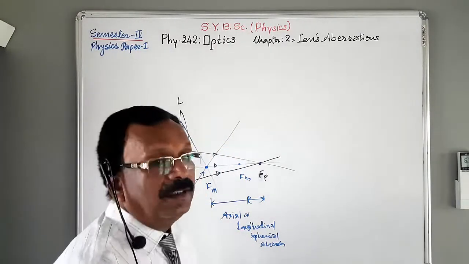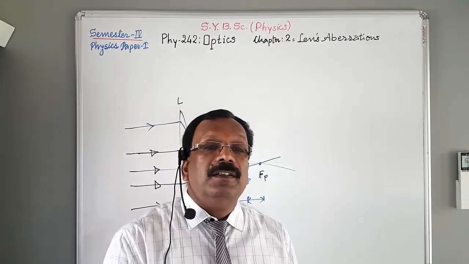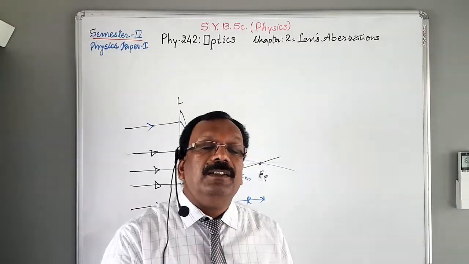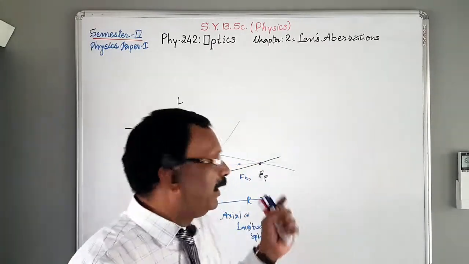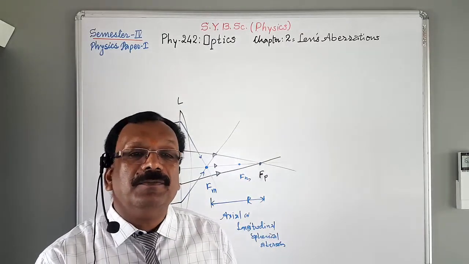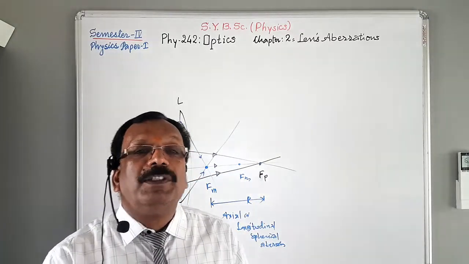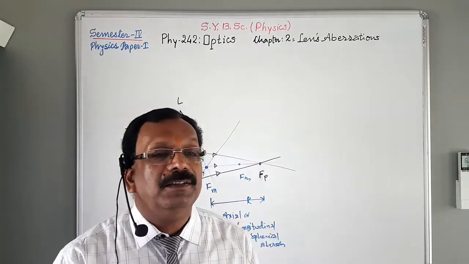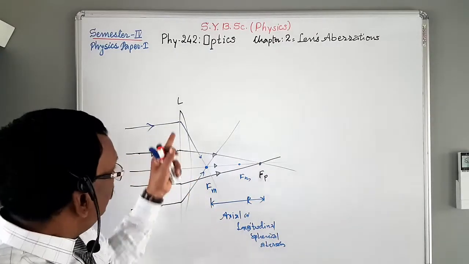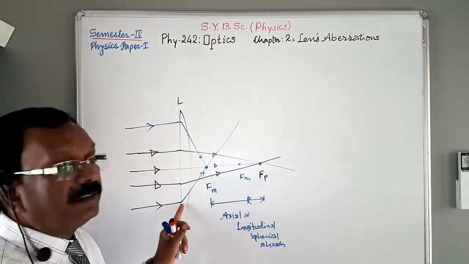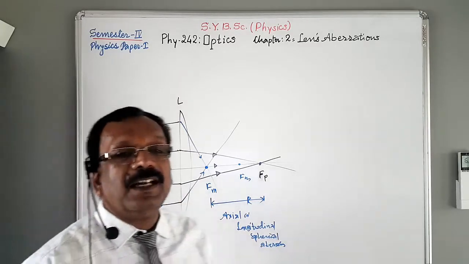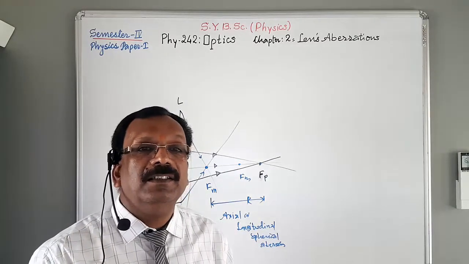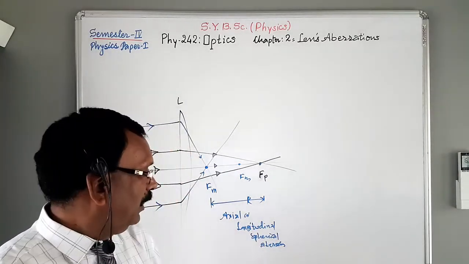So in what manner, if we use the plano-convex lens in formation of the image, can we reduce the spherical aberration? Instead of the plane surface, if the curved surface is facing the incident rays, then obviously there is a reduction in axial or longitudinal spherical aberration.